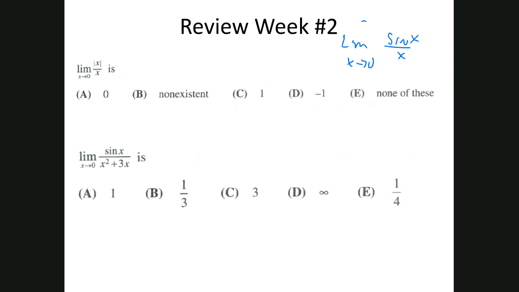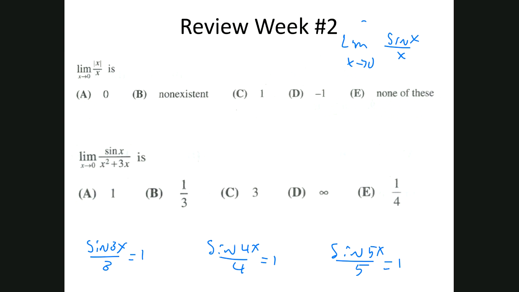What is it? It equals 1. Now I'm going to tell you some other kind of cool facts. The sine of 3x over 3x equals 1. The sine of 4x over 4x equals 1. The sine of 5x over 5x equals 1. Get my drift? That they're all equal to 1.